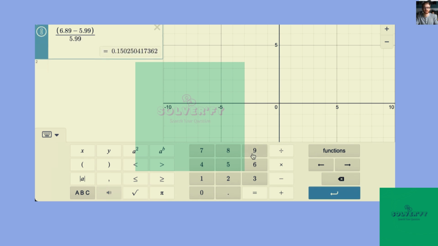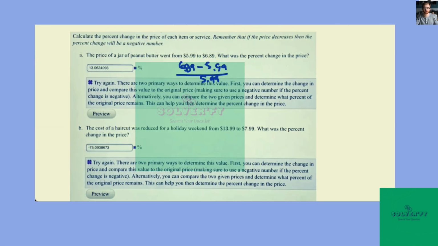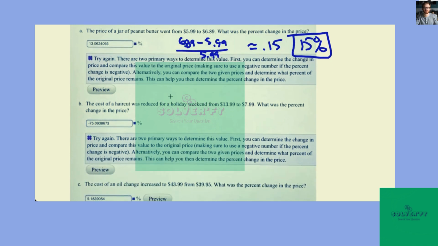And I don't know how many decimal places you need to write to, but it's 15.03%, or about a 15% increase. So I'm not sure how you calculate it.